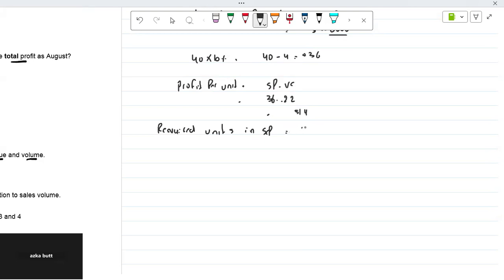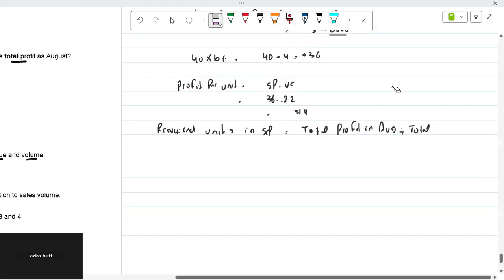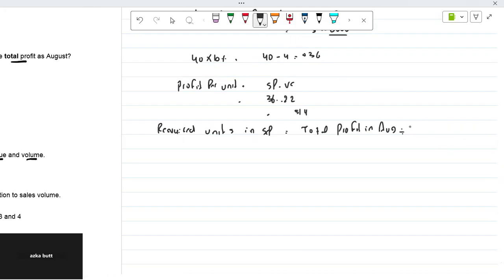So what we need to do is take the total profit in August divided by the profit per unit in September.